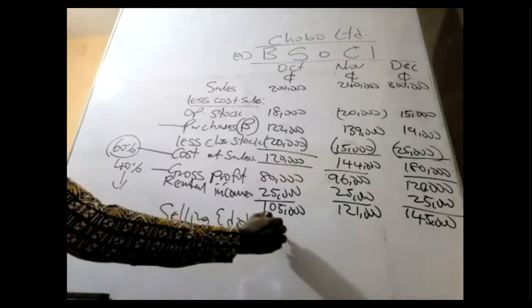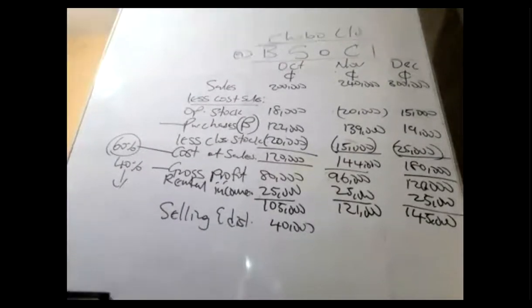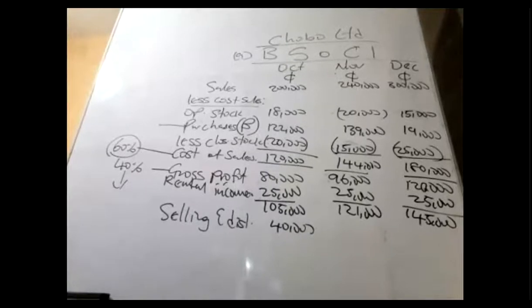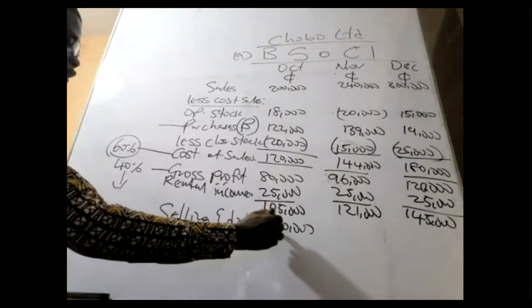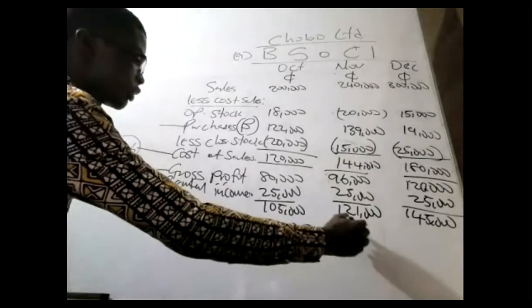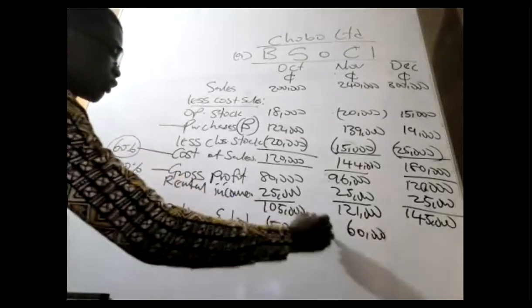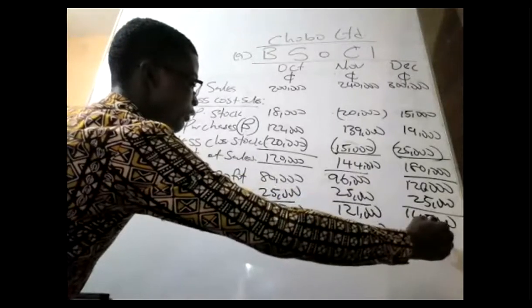This one should give us 50,000. Can you confirm for me? A quarter of that should be 50,000, right? 25% of 200 and 25% of this. It's going to give us 50,000. You put it in bracket. Then here will be 75,000.